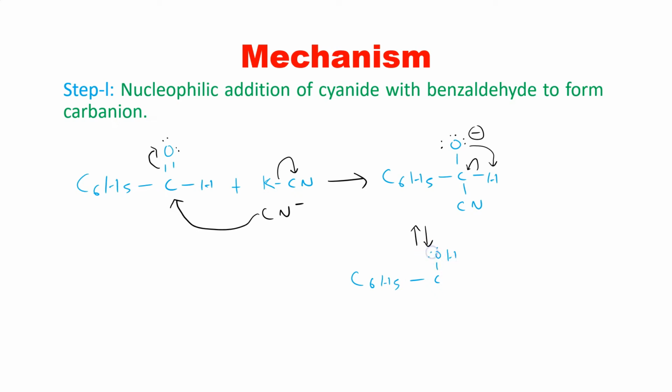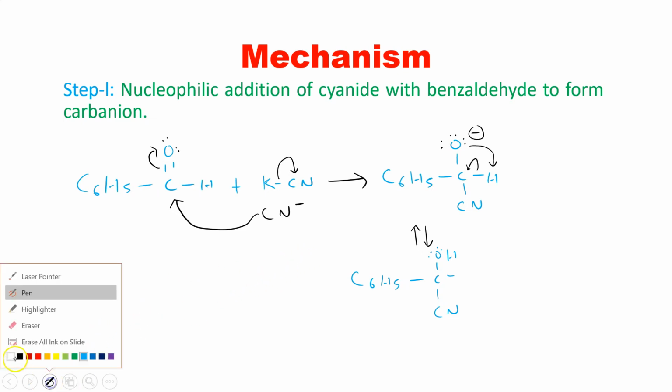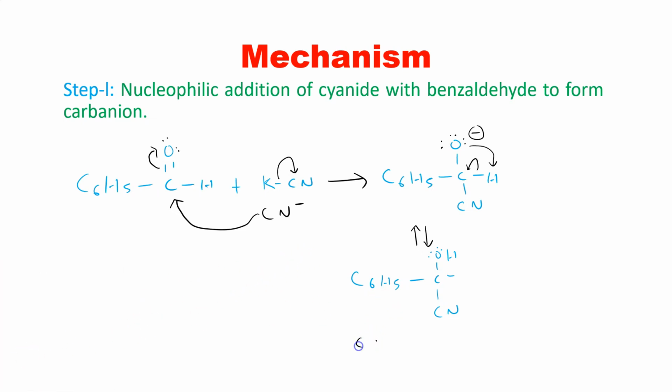Now there are only 2 lone pairs of electrons. One has been utilized for bond formation with hydrogen, and this carbon will be negatively charged and it will have a cyanide. So this has become a carbanion. So this compound is a carbanion, and here we started with benzaldehyde.